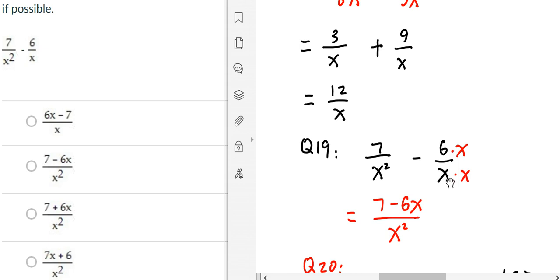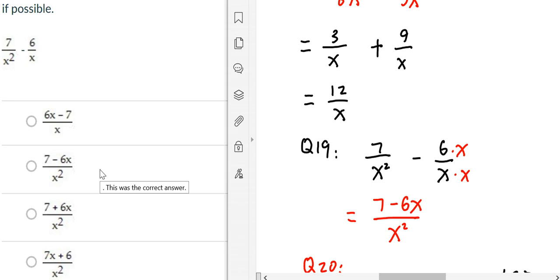It will make the denominator x squared for the second rational. And you simply need to subtract 7 minus 6x. So here the second choice is the correct answer.